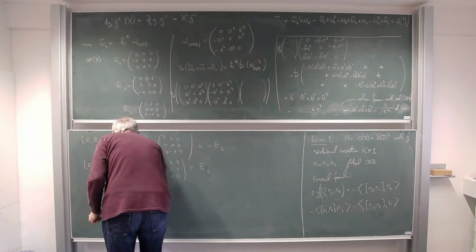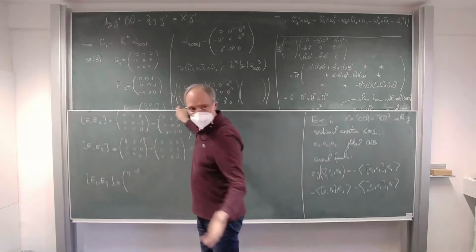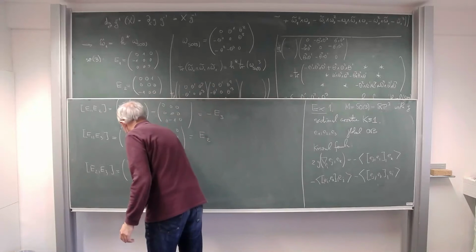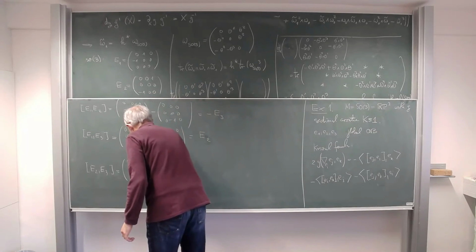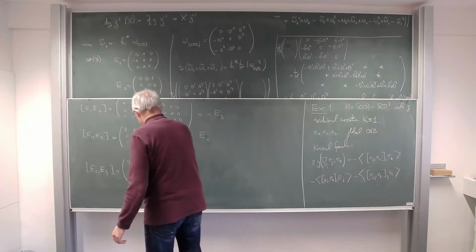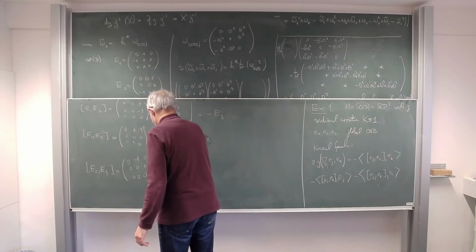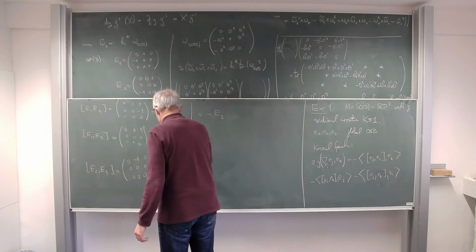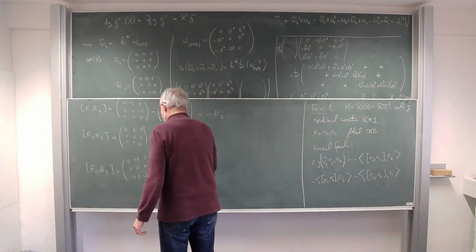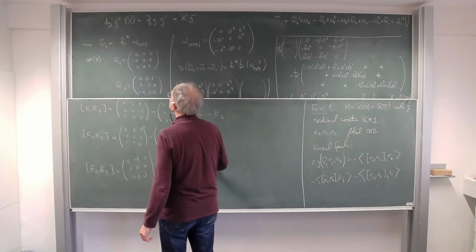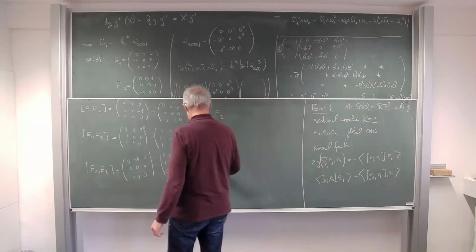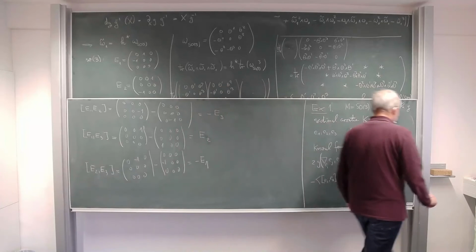Minus 1 here. And now the rest I don't really have to compute because there are more zeros. And the other one will give me the corresponding term here, which is minus E1, I guess. Okay. Good.